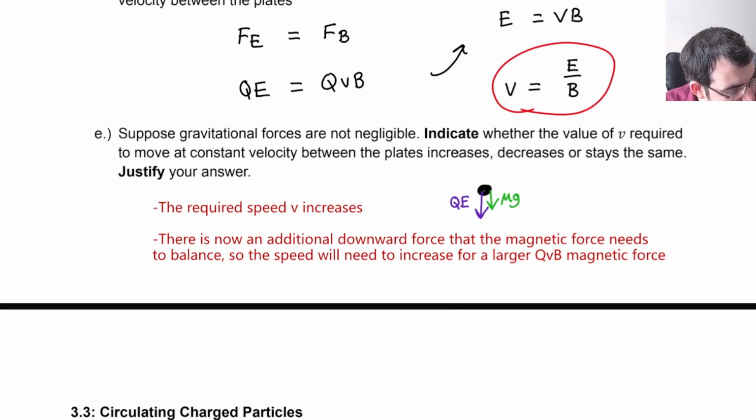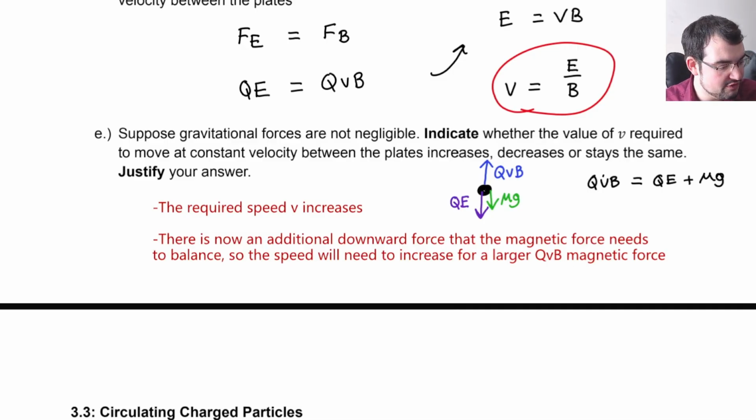So that means your magnetic force, QVB, has another thing to balance. Before it was just QVB equals QE, but now it's QVB equals QE plus some other stuff, mg. So your value of V must go up because you need to create a stronger magnetic force, because you're not just balancing QE, you're balancing mg as well.